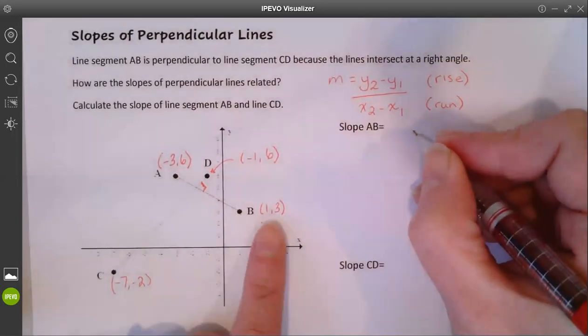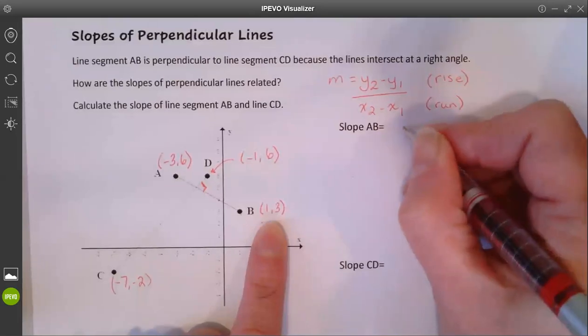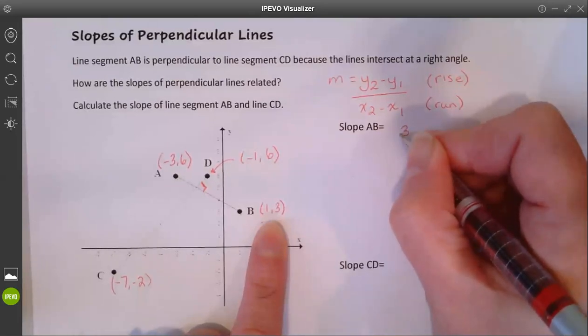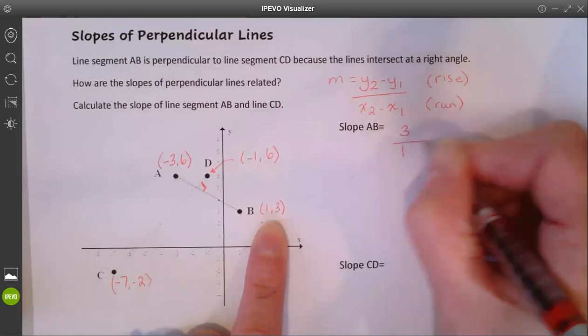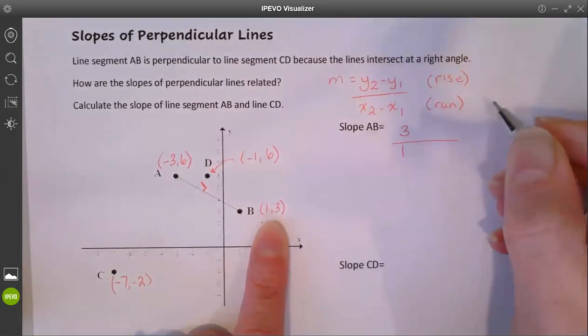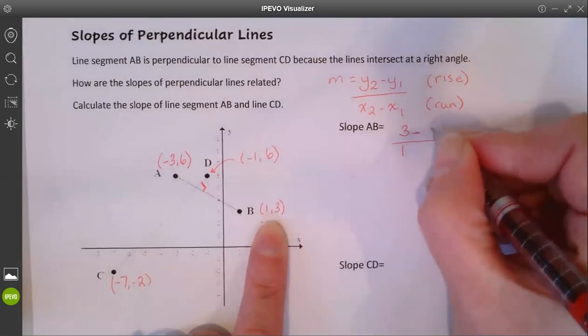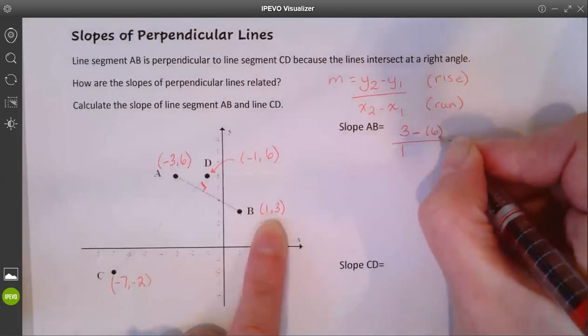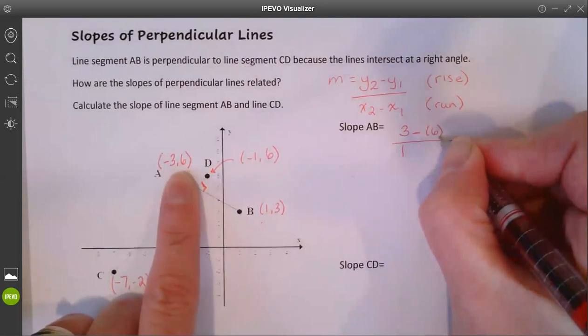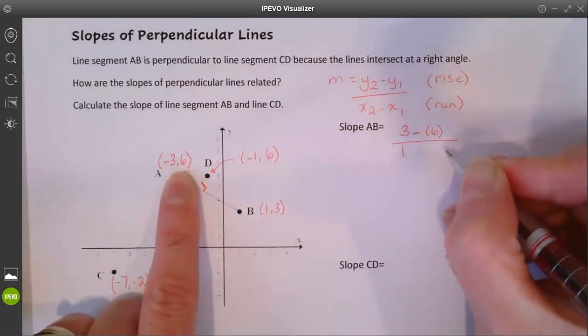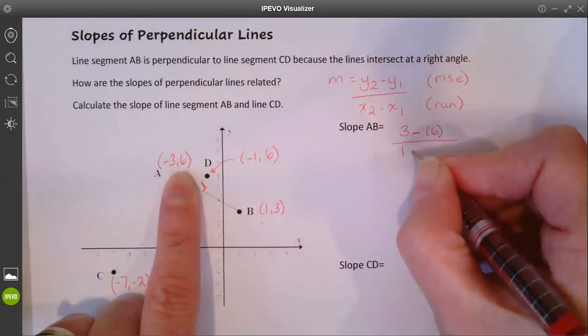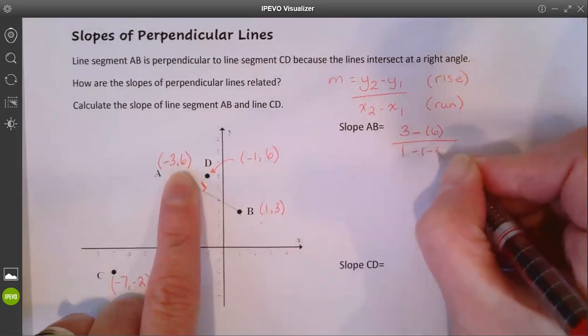I'm going to start with ordered pair B. So it'll be 3 for the y value and 1 for its partner x in the denominator. Then we subtract 6, because our y coordinate is 6 and our x value is -3 for A. So it's 1 subtract -3.